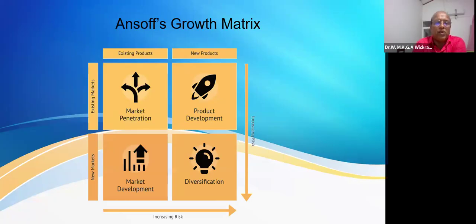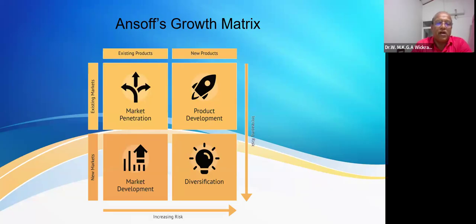So you can see on the top existing product and on the right side the new products. On the left side you can see existing markets and new markets. You don't need to memorize. If you see the matrix, the first quadrant is on the top, existing products.